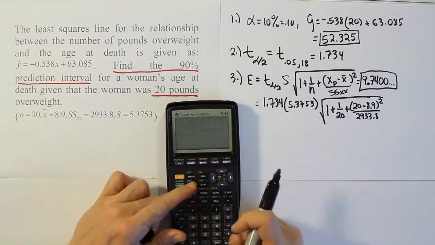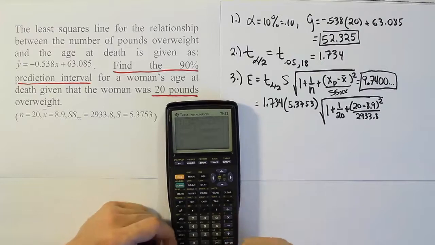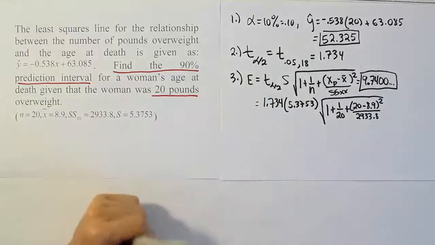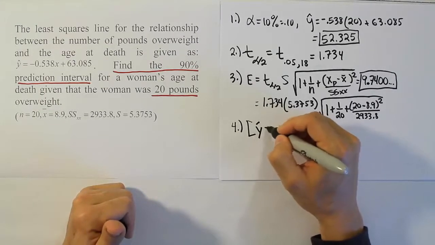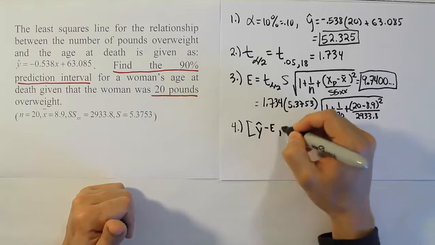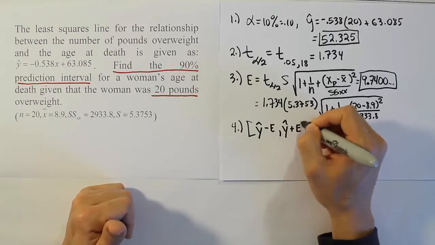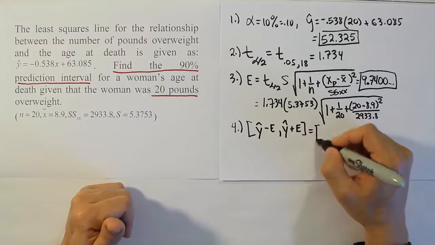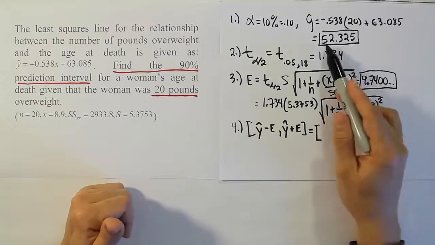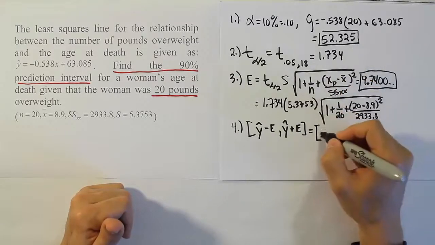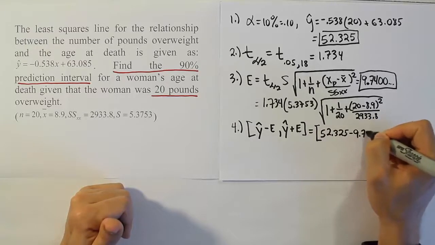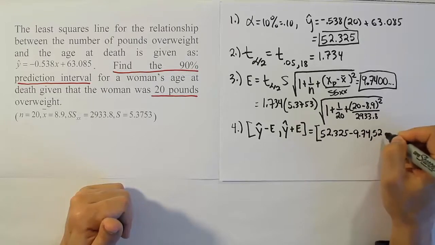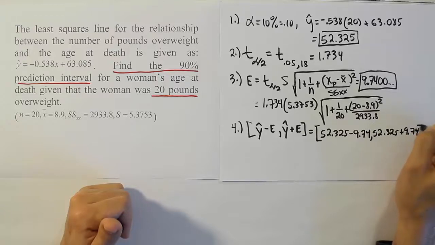I'm going to store that in our calculators under the variable x. And let's go ahead and put it to use in our last step, which is filling in the interval y hat minus e, comma y hat plus e. Okay, so y hat is 52.325, right? 52.325 minus 9.74, and then 52.325 plus 9.74.